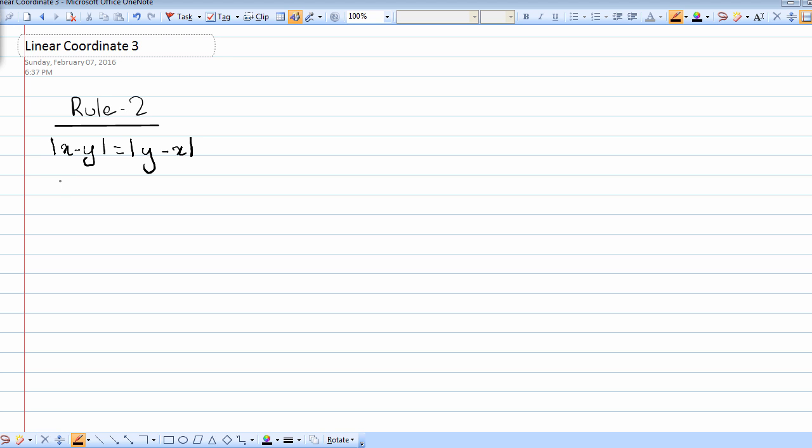So let's get started. First of all, let me segregate, or dissect, this equation, the absolute value of x minus y, which is the left hand side, and the right hand side will be the absolute value of y minus x.